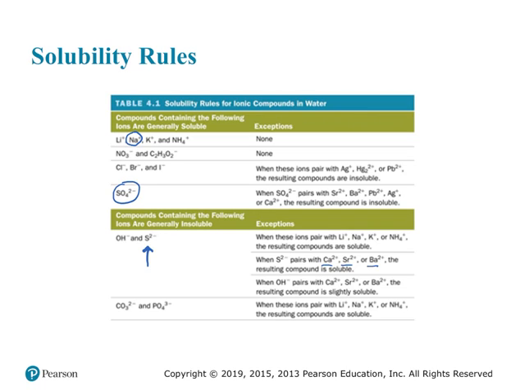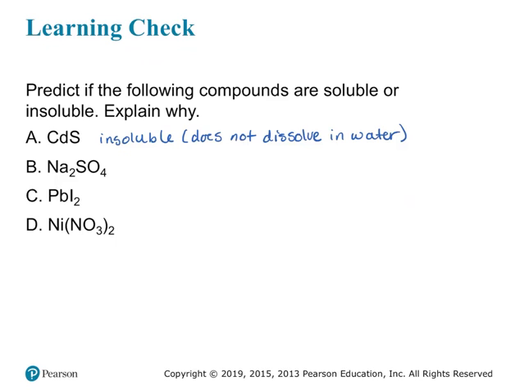If sulfate is paired with strontium, barium, lead, silver, or calcium, then it's insoluble, so it won't dissolve. However, in this case, sulfate is bonded to sodium, and sodium is always soluble no matter what it's bonded to. So that means that sodium sulfate as a compound is soluble. So it does dissolve in water.